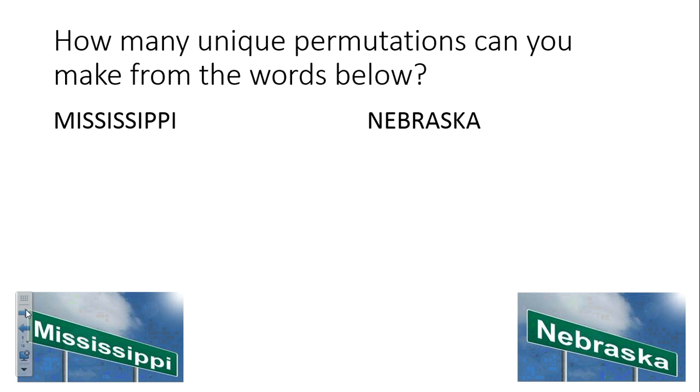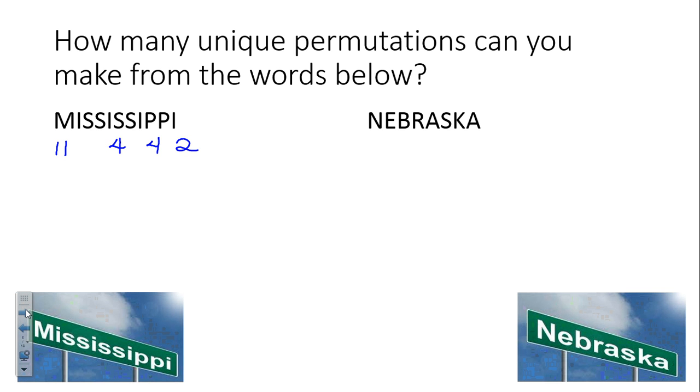So to do something like this, for unique permutations, we're going to say, first of all, how many letters are there in Mississippi? 11. So we have 11 letters, but how many of them repeat? 3 of them, the I's, the S's, and the P's, right? Okay. How many I's are there? And how many S's? And how many P's?